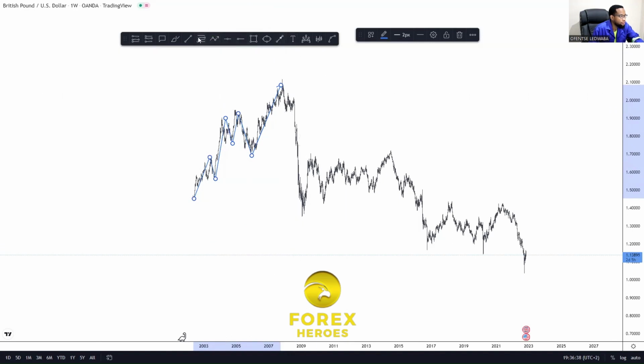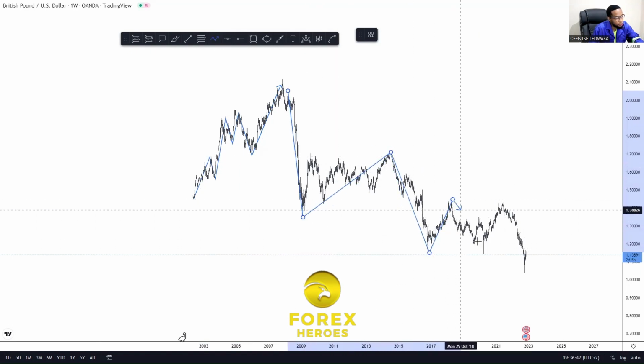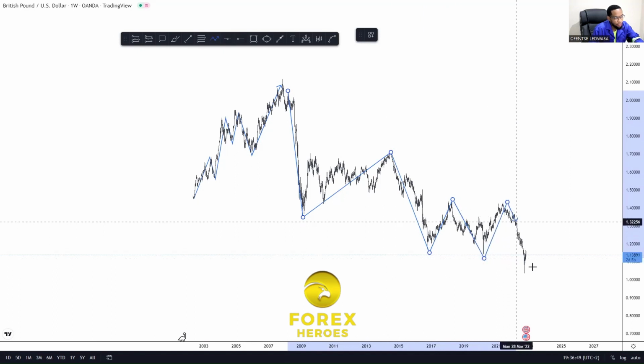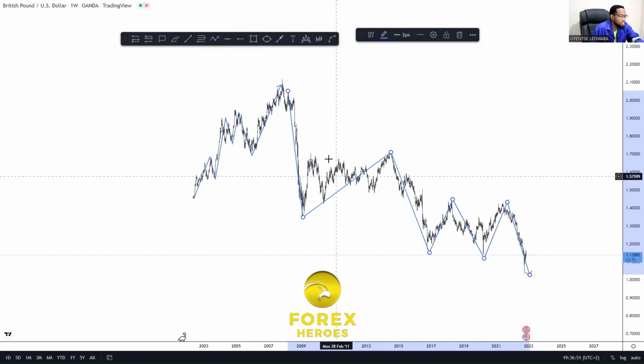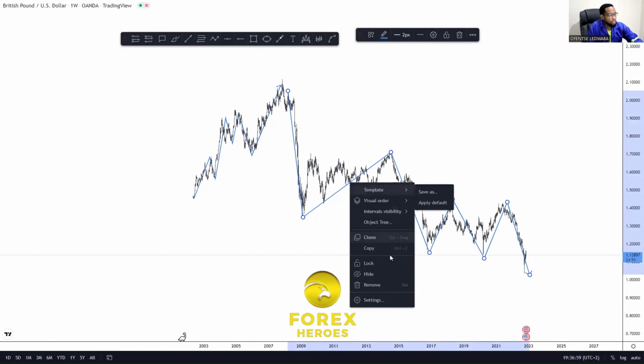Now we have a downtrend which pushed, as you can see, we are having these moves, and you understand that within this move we have the very same corrections.